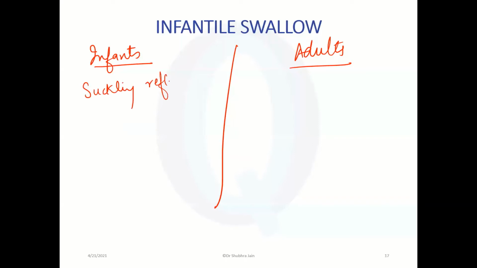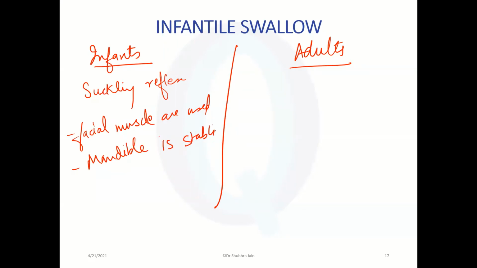The suckling reflex helps to suck the milk. In the suckling reflex, facial muscles are used for swallowing. The mandible is stabilized by facial muscles, and facial muscles are innervated by the seventh nerve.